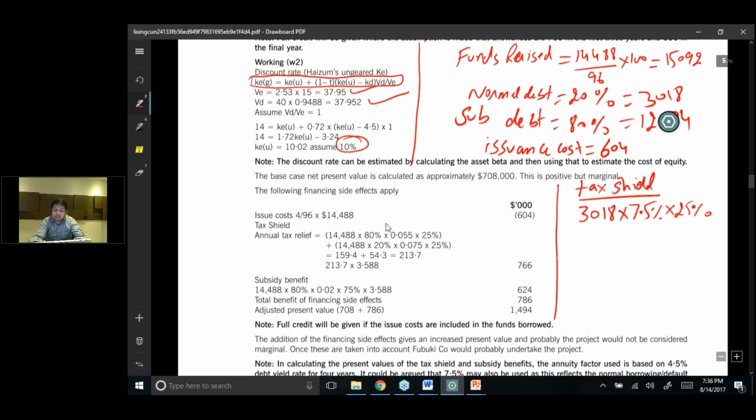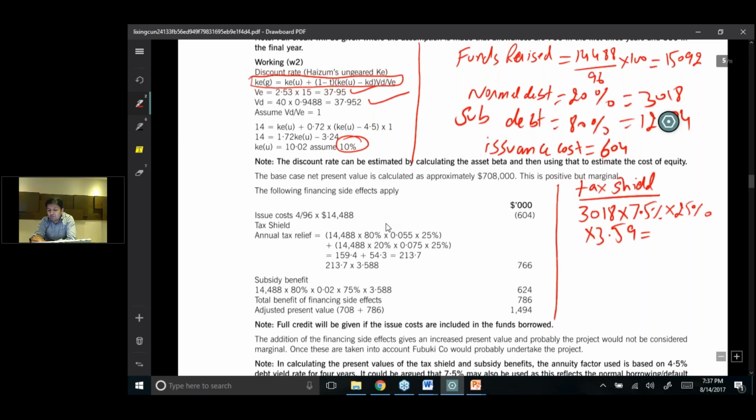You can discount it with the risk-free rate. Let's suppose the risk-free rate is 4.5%, so take its annuity factor value, which is 3.59. So discount it with 3.59.